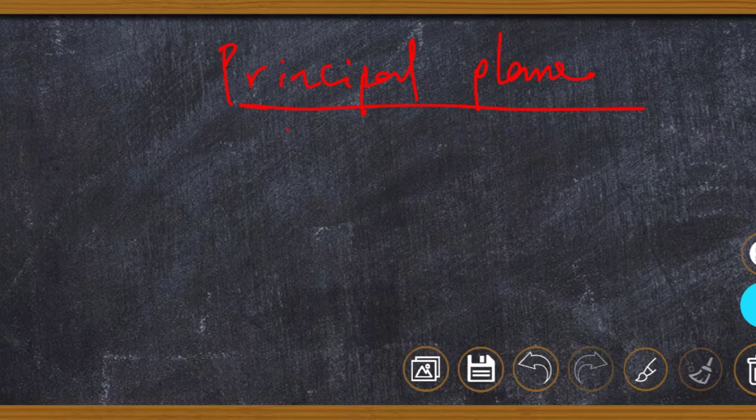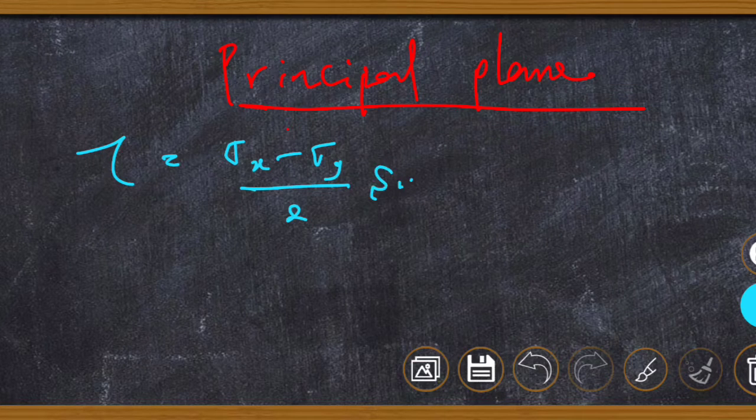At what angle do we have a principal plane? Now, our principal plane is always at an angle of this. Assuming we have my shear stress equal to sigma x minus sigma y all over 2 sine of angle 2 theta. I said a principal plane is a plane of 0 shear stress.